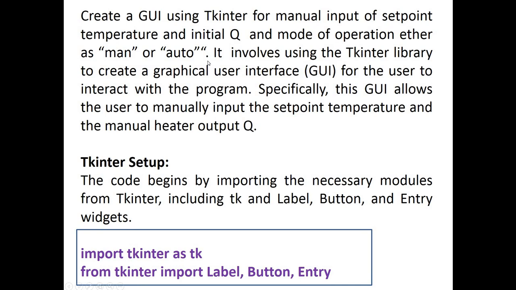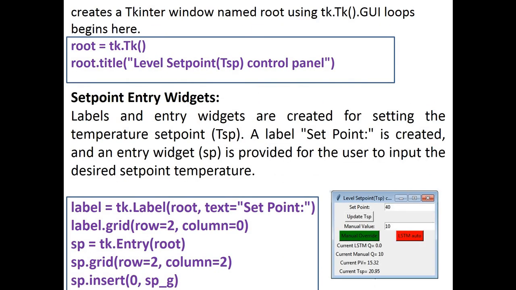So the most important thing, you have to create a GUI. Tkinter is used for this. To use Tkinter, you import tkinter as tk. This is how you call it. All these screens you can stop and watch later slowly, but I will be going very fast.